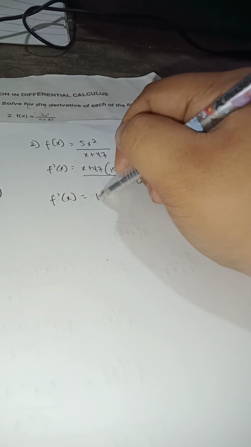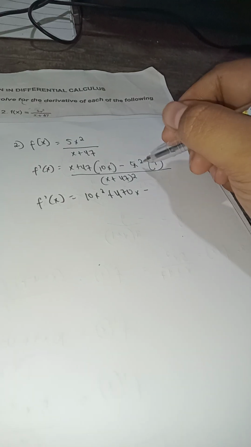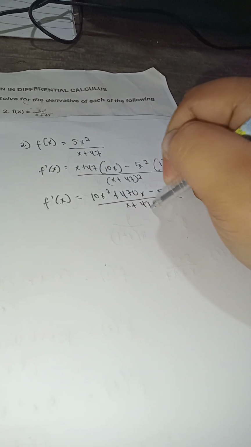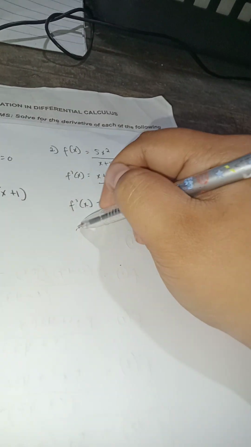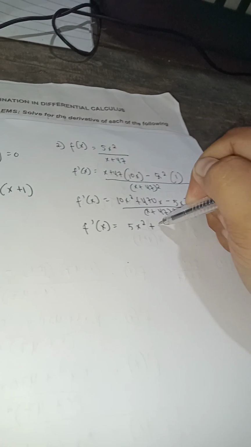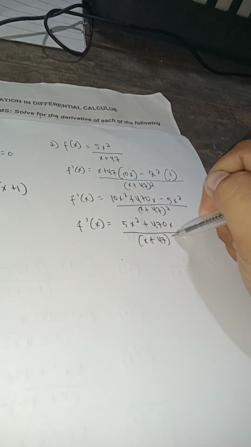So f prime of x is equal to x plus 47 times 10x, which is 10x squared plus 470x, minus 5x squared times 1, over x plus 47 squared. Since there is a common 10x and negative 5x squared, we combine them and it results in 5x squared plus 470x over x plus 47 squared.